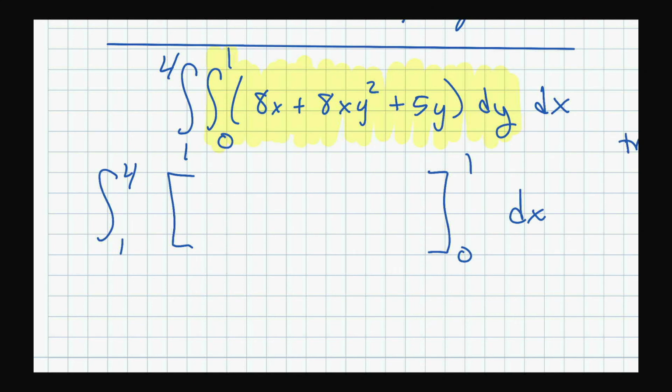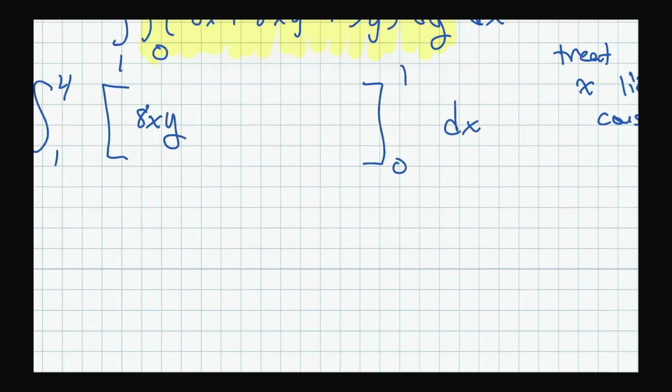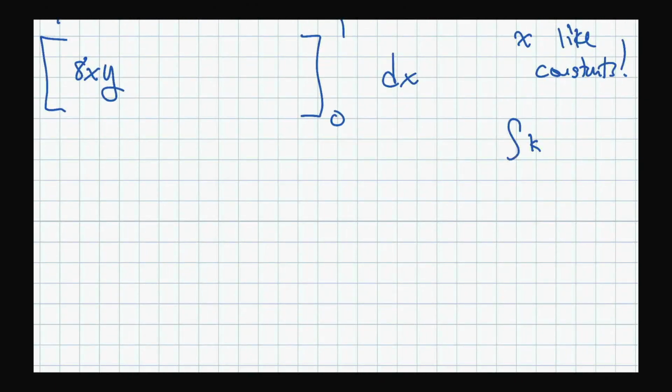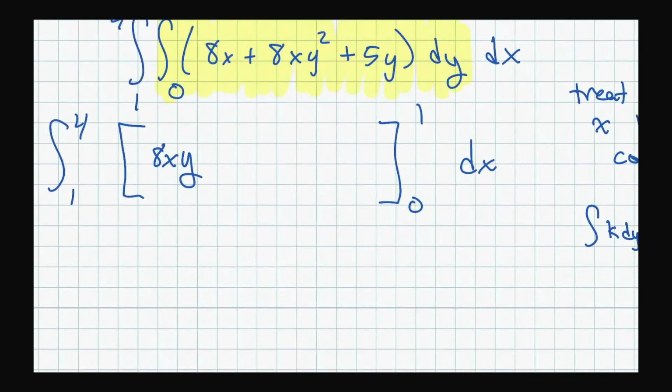When you integrate a constant dy, it just adds a y, right? Like I'm just saying like this. If you had this, your answer would be that, plus a constant, right? So just because our constant is 8x doesn't change the rules.